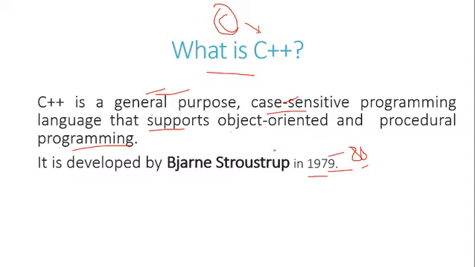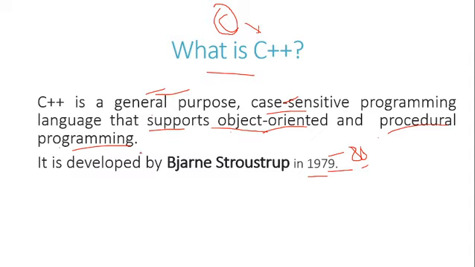In a coming video, I will explain object oriented and procedural programming. C++ is an object oriented programming language, but not 100%. It is object oriented as well as procedural programming language. C is a procedural programming language, but C++ follows both object oriented as well as procedural programming.